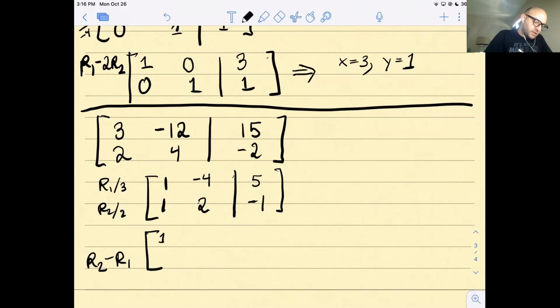Keep the first row because that's the row that contains the pivot, so that's not going to change. We use this row and subtract it from the second row to eliminate the column right underneath the 1. So that'll be a 0, and then 2 minus -4 is 6. And then -1 minus 5 is -6.